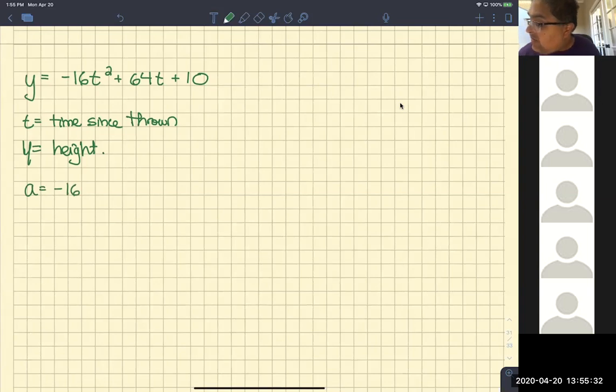And because its leading coefficient is -16, that means it opens down, which means it looks something like this.